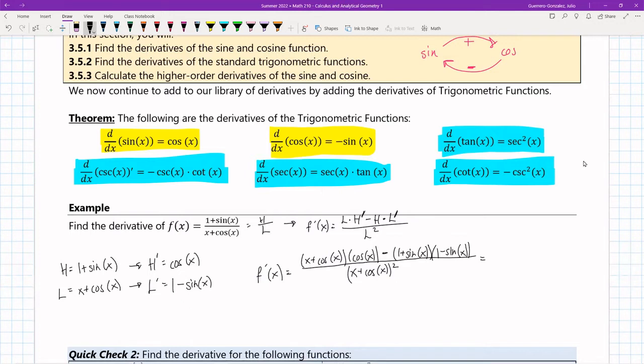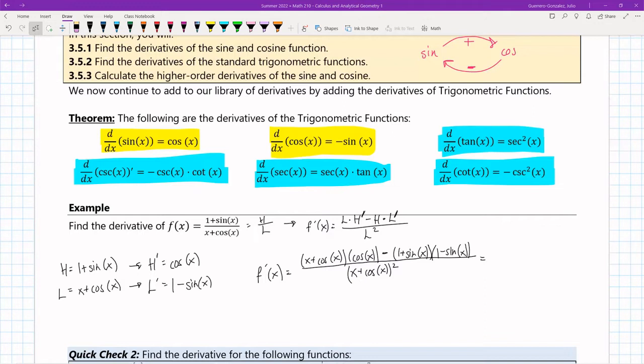If you don't have a trig refresher page, look to the right of this problem. I put a trig trifold, a trig pamphlet that you guys can print out to refresh your trigonometric identities. Okay, so let's go ahead and simplify this.